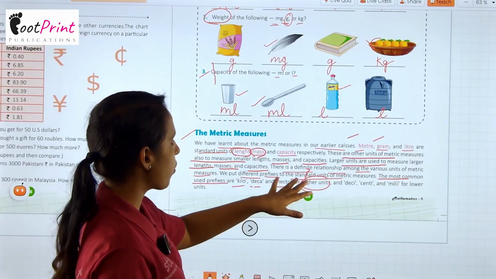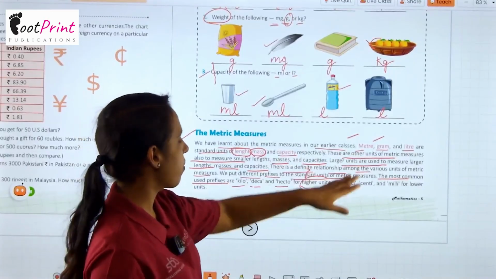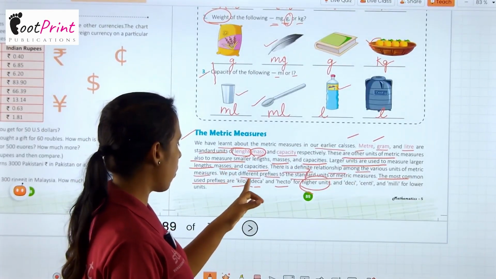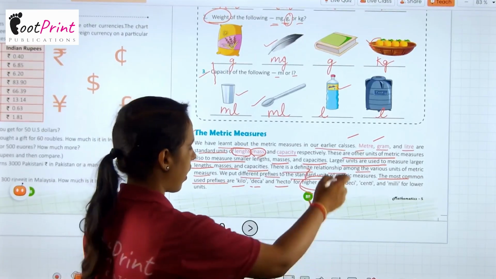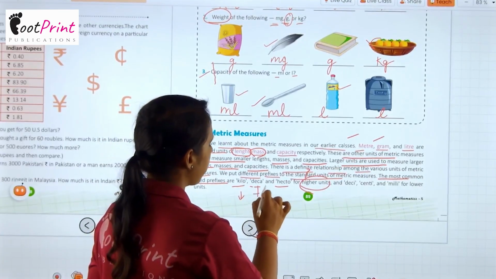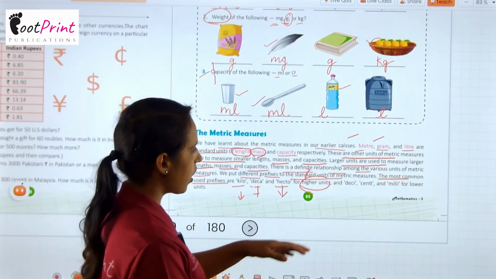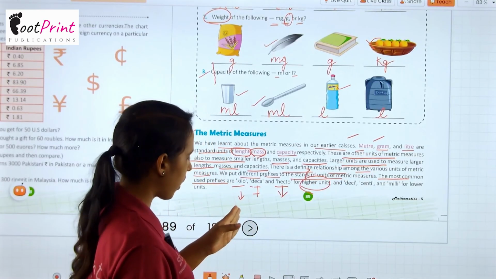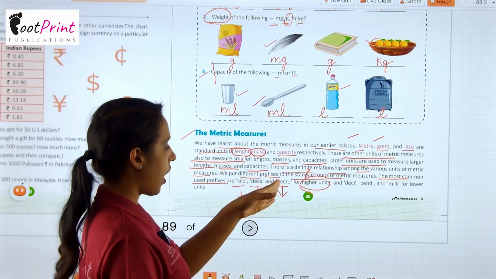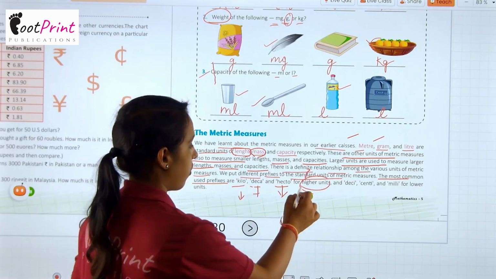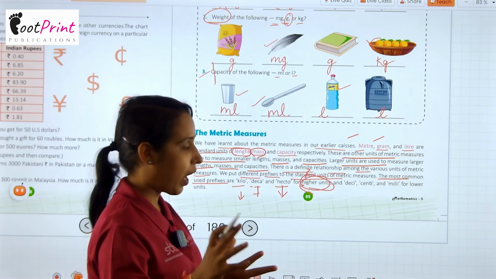If we want to make higher units, we write the prefix kilo, deca or hecto, just like kilometer, decameter, hectometer, and kilogram, decagram and hectogram. ठीक है, when we want to convert it into higher units.